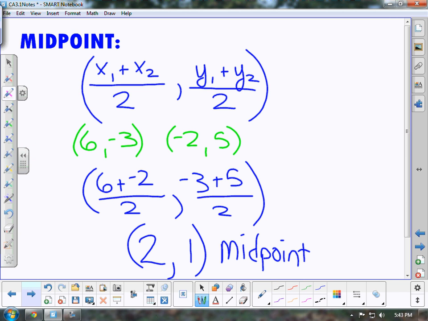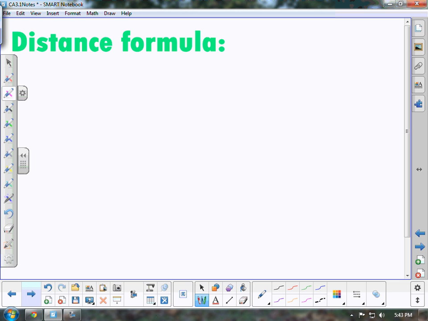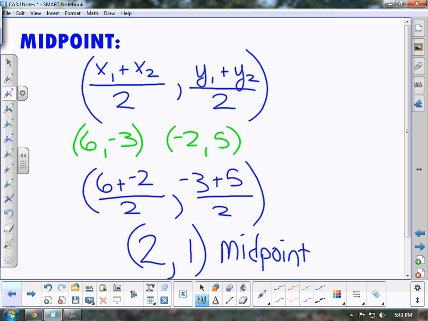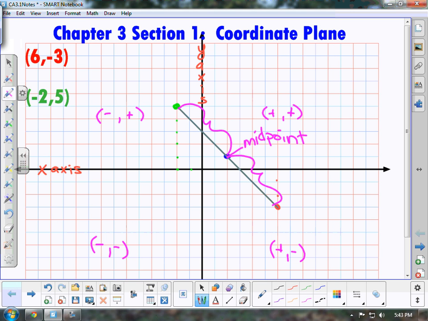Now, the other thing that you will be asked to find is the distance between 2 points. A couple of ways you can do that. One way would be to make yourself a line going like that, and a line going through this one horizontally.